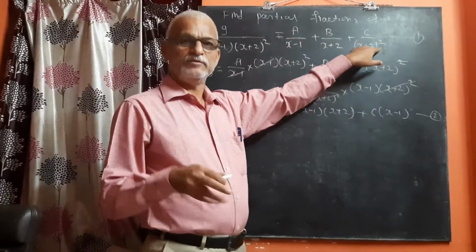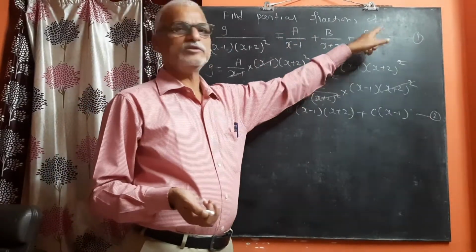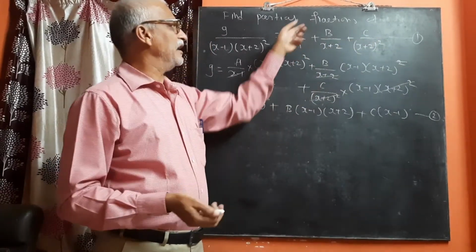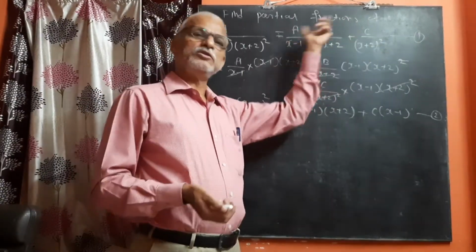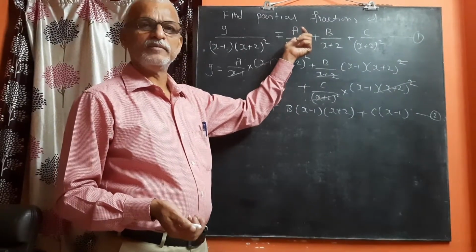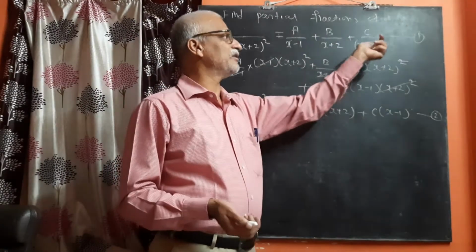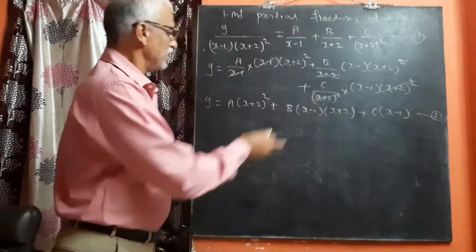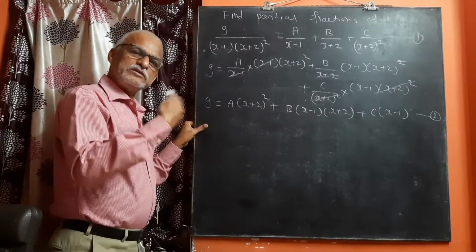The second may be a upon x minus 1 plus c upon x plus 2 the whole square. Third may be a upon x minus 1, b upon x plus 2 plus c upon x, like that. Out of those 4 options you have to choose the correct one. The correct one is a upon x minus 1 plus b upon x plus 2 plus c upon x plus 2 the whole square. Now once you get the second equation, follow our substitution method.